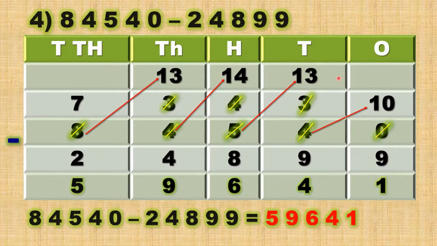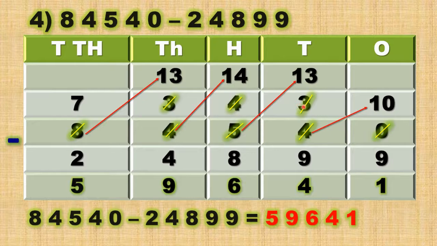We will borrow 1 ten from 4 tens. So 4 will become 3 in tens place and 0 will become 10 in ones place. Now we have to subtract 9 from 10. 10 minus 9 is equal to 1. So answer will be 1. Now next in tens place, the digit in tens place is 3.